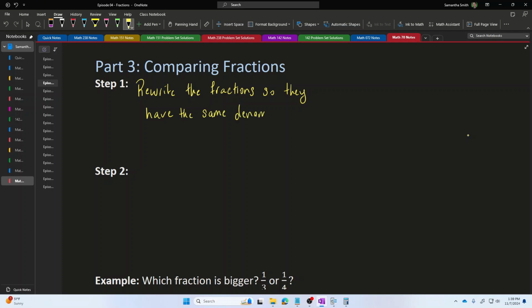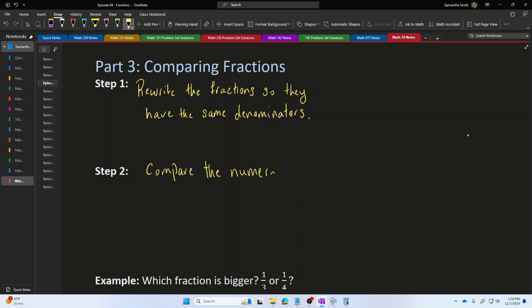Make sure, in other words, that the pieces that you're dealing with are the same size for both fractions. Once your pieces are the same size, because the denominators of the fractions are the same, all you have to do is compare the numerators.